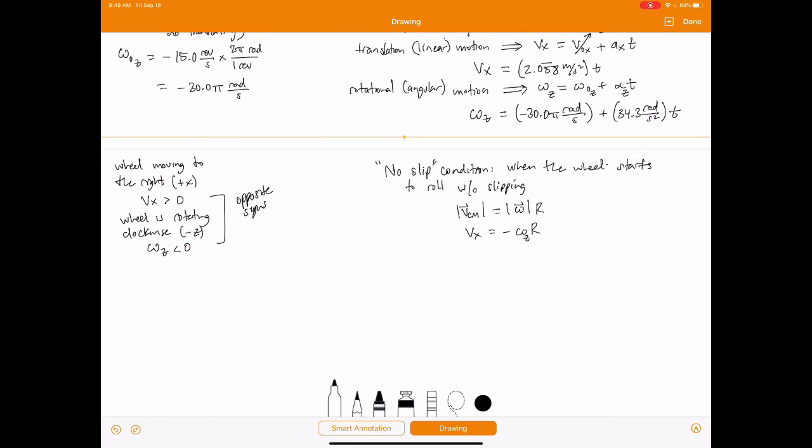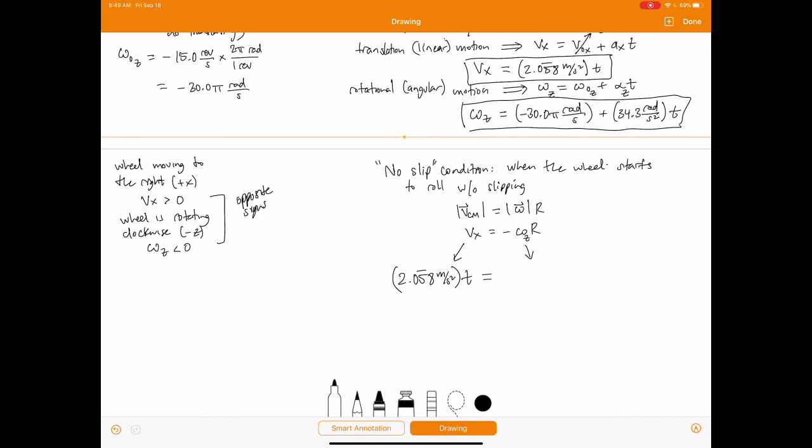Okay, so next we're going to make a couple substitutions. For Vx, we're going to put in this expression that we derived earlier. I'll put a little box around it. And similarly for omega z, we have an expression derived previously, which I'll put a little box around here. And that's what we'll sub in. So for Vx, we have 2.058 meters per second squared multiplied by t.